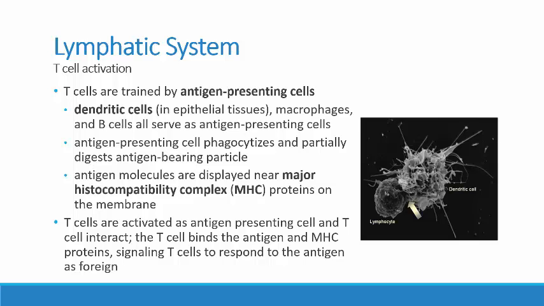So an antigen-presenting cell will encounter an antigen or an antigen-bearing particle, and it will phagocytize the particle and then partially digest the antigen-bearing particle. And then, rather than fully digesting that antigen, the antigen molecules are taken and placed on the cell membrane of the antigen-presenting cell.